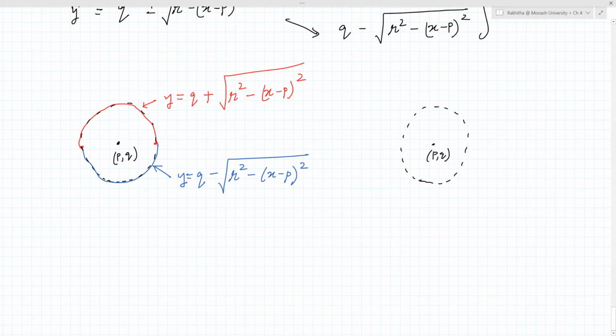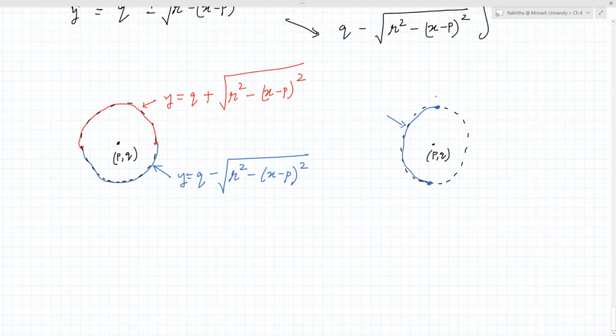Now think about this. From this point to this point, I'm going to consider this part. So here, now we will think from scratch. What is my independent variable?